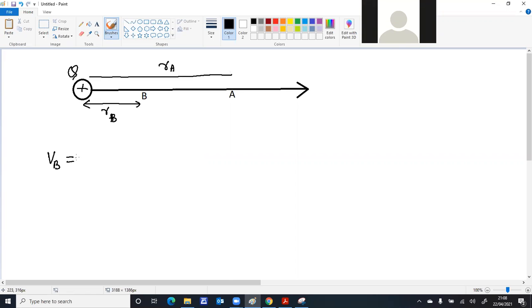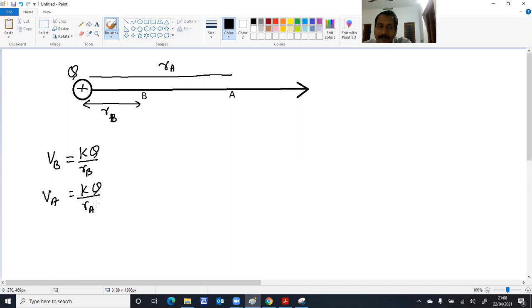B, because V B is K Q by the closer R B, and V A is K Q by R A. So since R B is less than R A, you can say V B is greater than V A. Fine, that's the meaning, right?